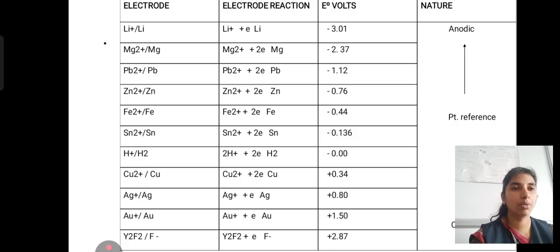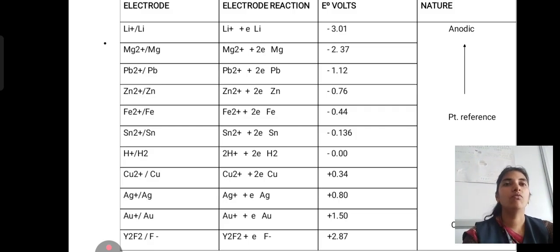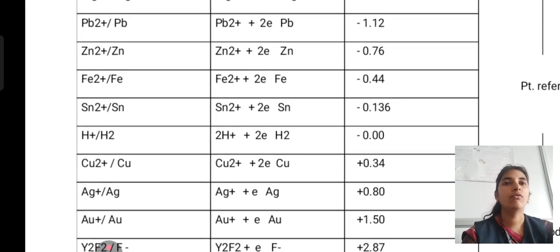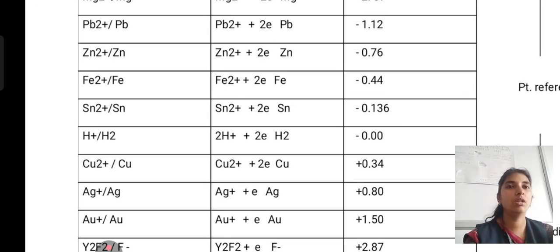which is going to be an anodic reaction, from where the reactions follow during this process. And the Pb2 plus and Pb reaction, Pb2 plus 2e Pb, that is minus 1.12, which is an anodic reaction.